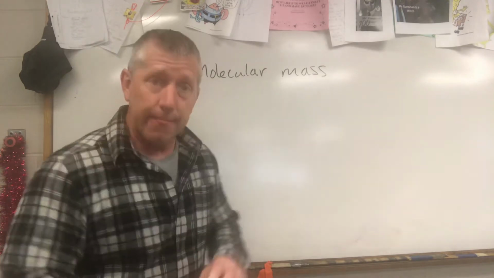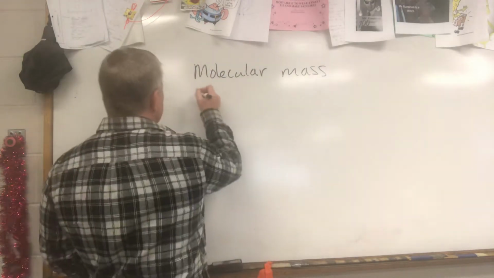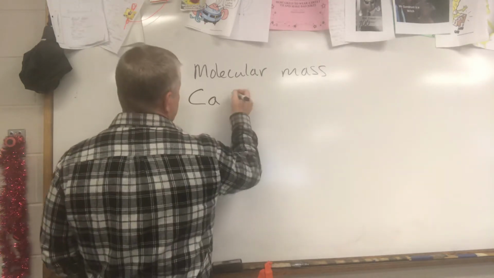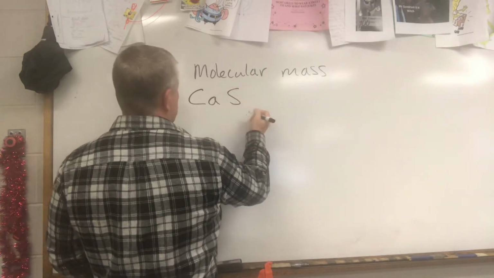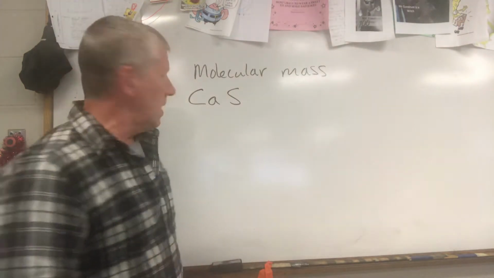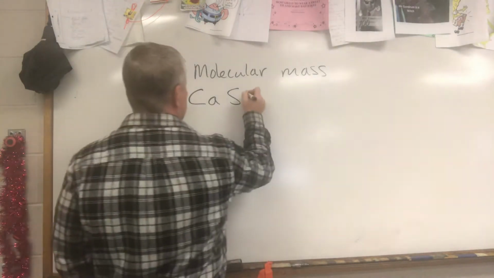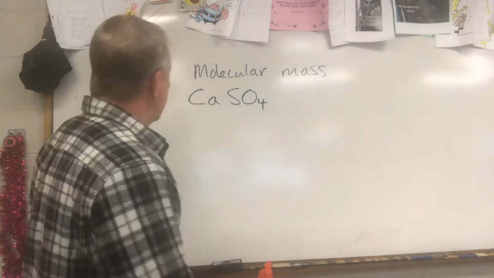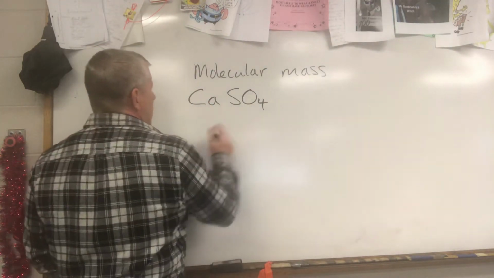Let's try another one. A little harder. Not too hard, though. Let's try calcium sulfide. Okay, this isn't harder at all, is it? So let's make it a little harder. Let's go calcium sulfate. There we go, calcium sulfate. So write down what we have.